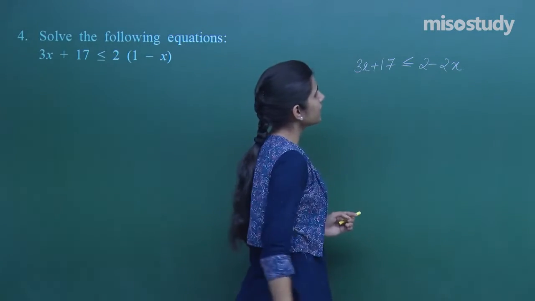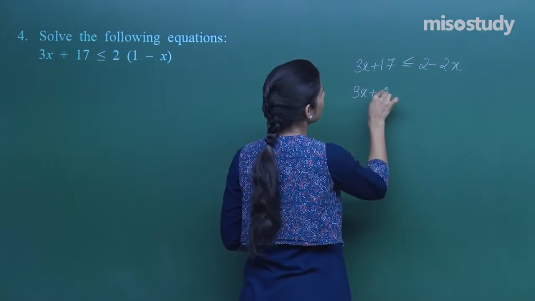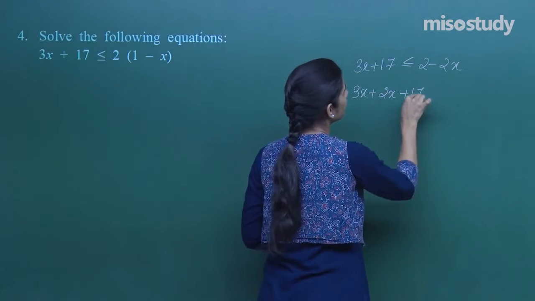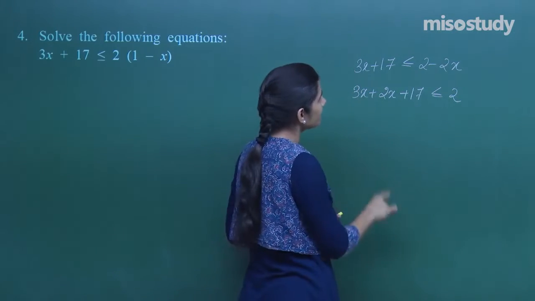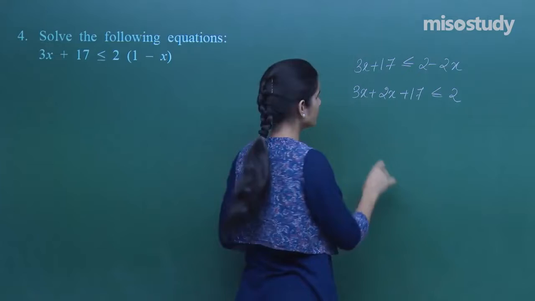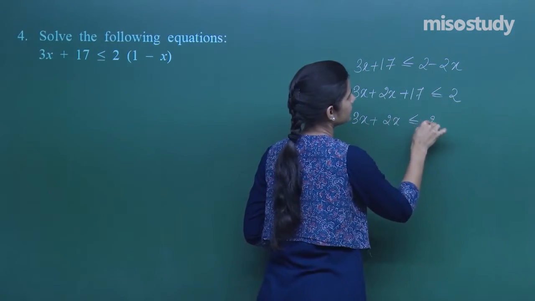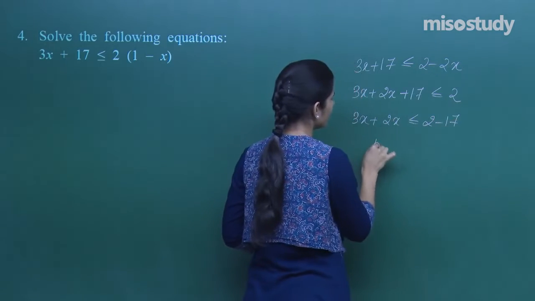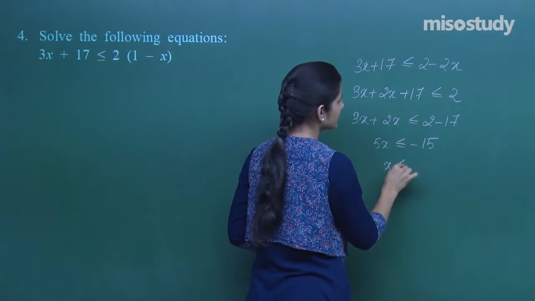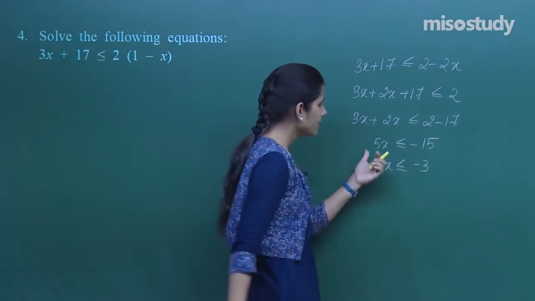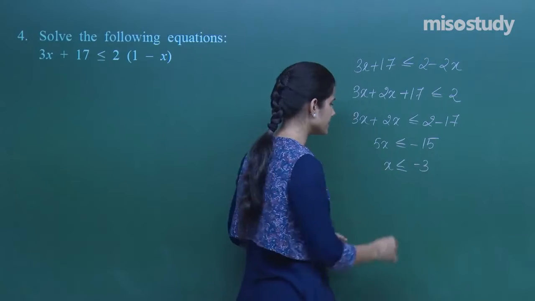Adding 2x both sides gives me this, and subtracting 17 from both sides gives me this. So you have 5x less than or equal to minus 15, x is less than or equal to minus 3. Why? Because I have divided both sides by 5, 5 is positive, inequality remains the same.